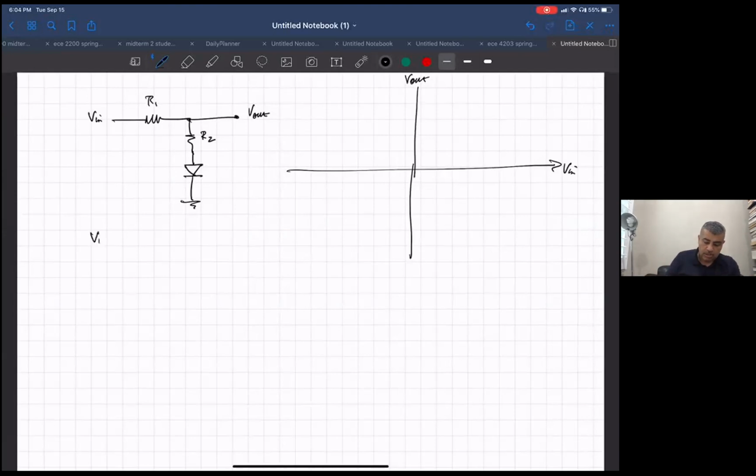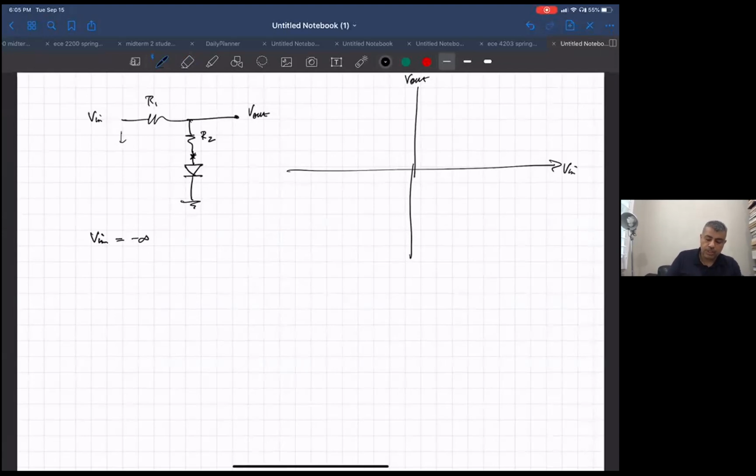But let's start looking at it. So first, let's assume V in is very negative. So let's say it's minus infinity or something. Okay, so what happens? If V in is very negative, so this guy is very low, this point, the P side of the diode, regardless of the resistive drops we have here, we're saying it's at minus infinity.